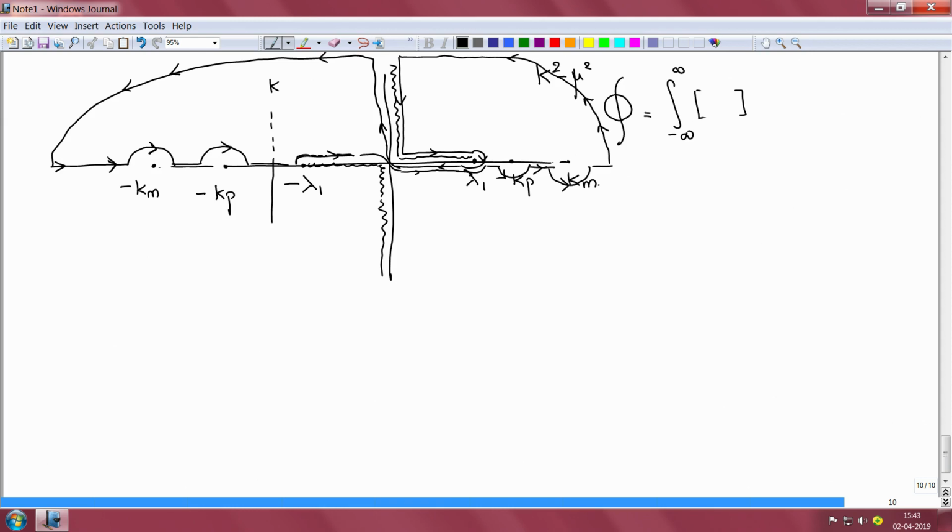Now within this several cases will arise. It is possible that kp or km or both will end up on the cut. And then just as we did for the earlier problem with the pole and the branch cut, the arguments have to be respected. The branch cut defining arguments have to be respected.